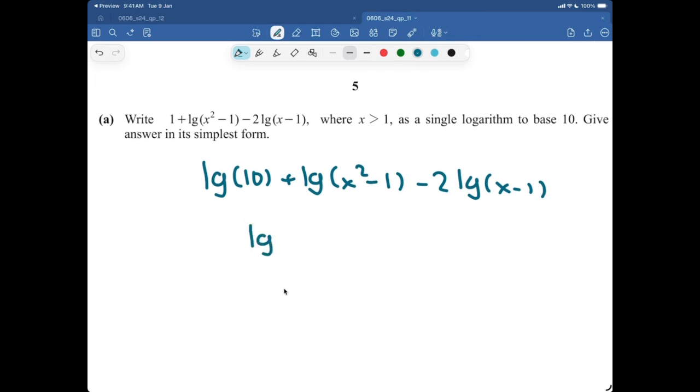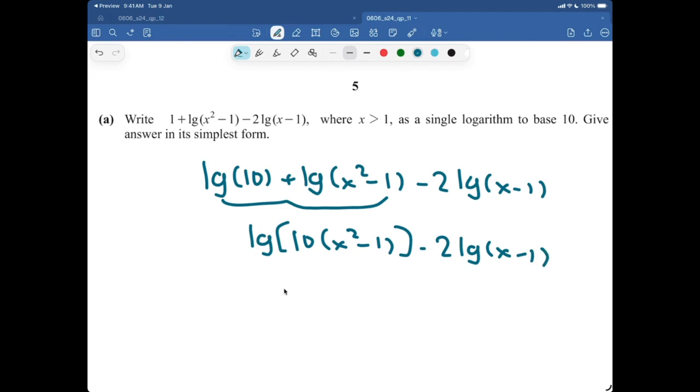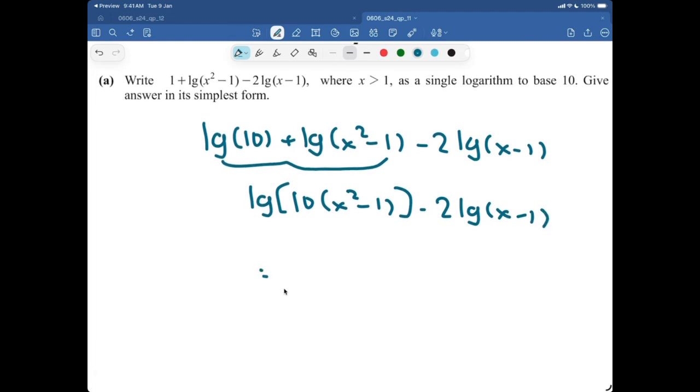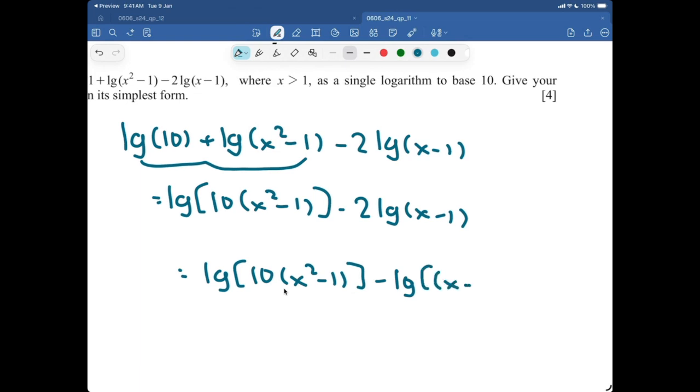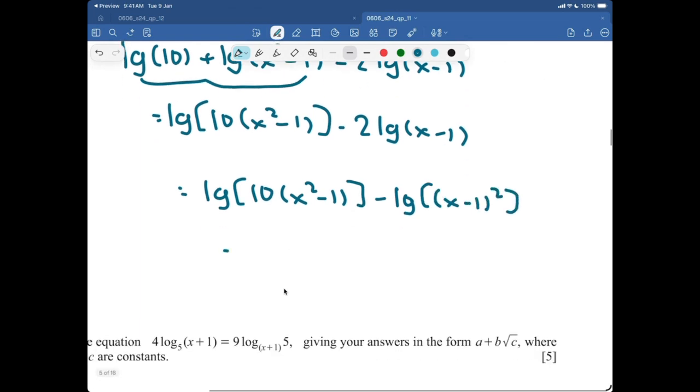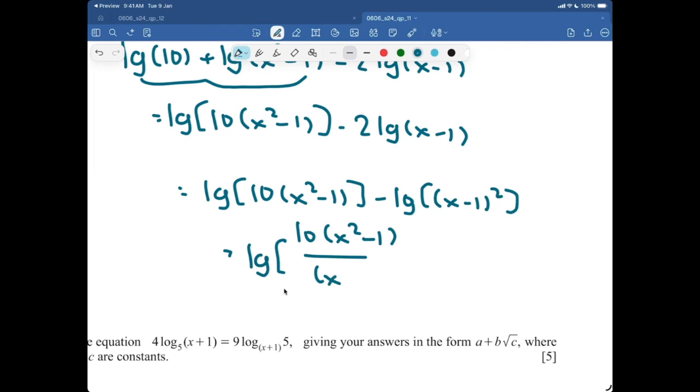We could first simplify the expressions at the front. 2 lg of (x minus 1) is equal to lg of (x minus 1) squared. And then finally, we could write it down as lg of 10 times (x squared minus 1) over (x minus 1) all squared. That's good.